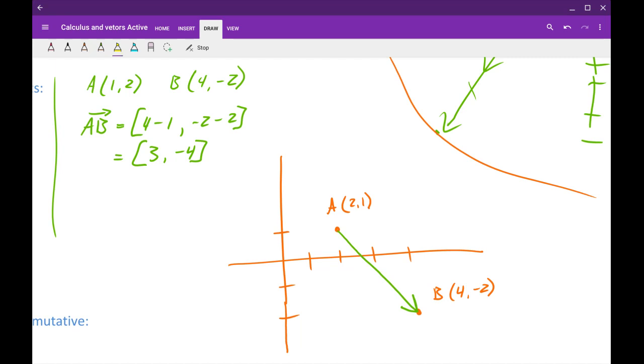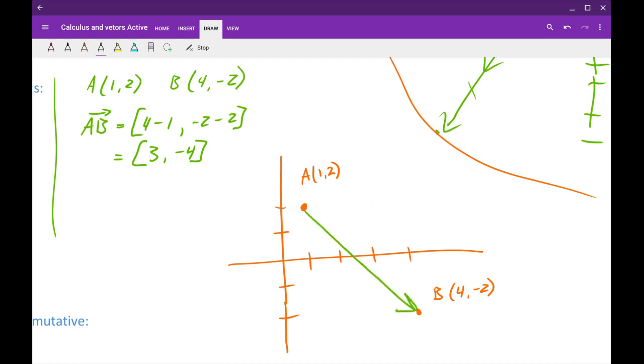It's not 2, 1, it's 1, 2. I flipped these. So A is in the wrong spot. Let me put A in the right spot here. It's 1, 2. There's A. I'm always getting this stuff wrong. Okay, now there we go. There's AB.